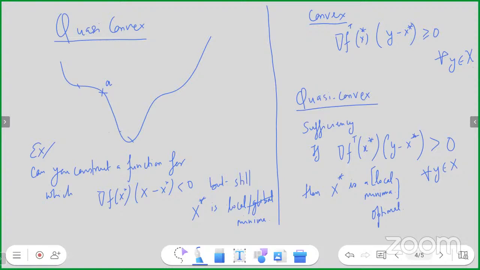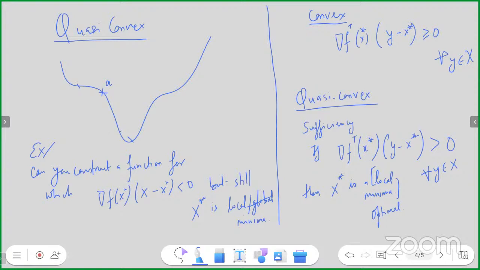So, a few points to note between convex and quasi-convex. You do end up looking at quasi-convex problems all the time. When you're outside of this course, you'll try to minimize some function which is not convex. It's quasi-convex. What do we do? We'll talk about it. If I know how to solve a convex problem, how do I solve a quasi-convex problem?